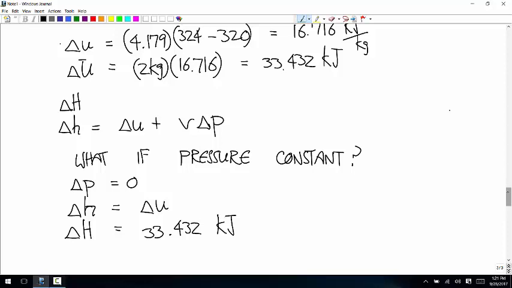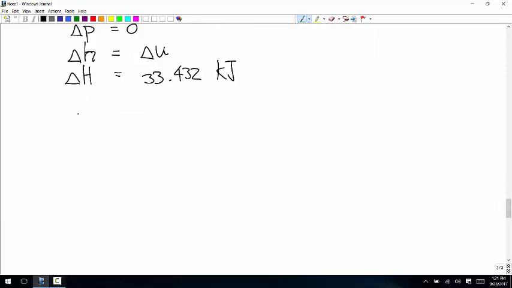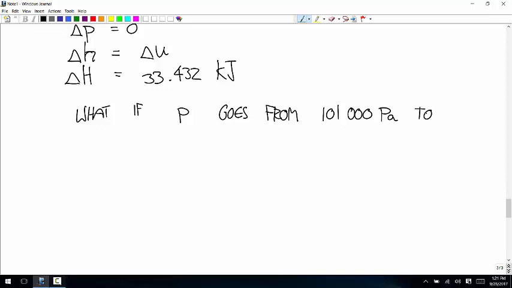Now, what if the pressure isn't constant? What if, as that temperature changes, the pressure goes from 101 kilopascals, normal sea level atmospheric pressure, to 140,000 pascals.